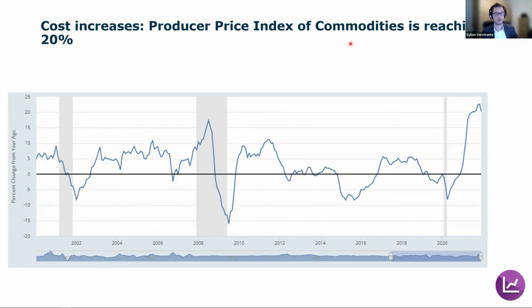If you look at the producer price index here for commodities, they're basic raw materials and resources typically used at the start of supply chains. Those have really seen a massive increase over the past year. So we're really talking about a number of 20%. So commodities will be 20% more expensive.